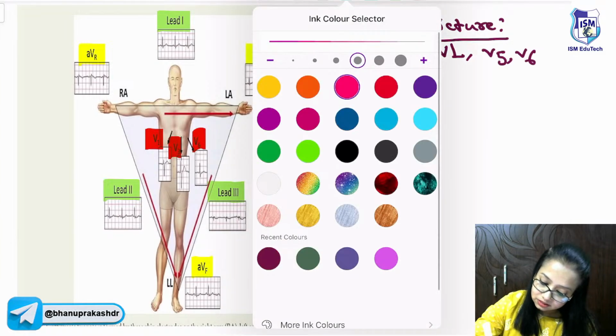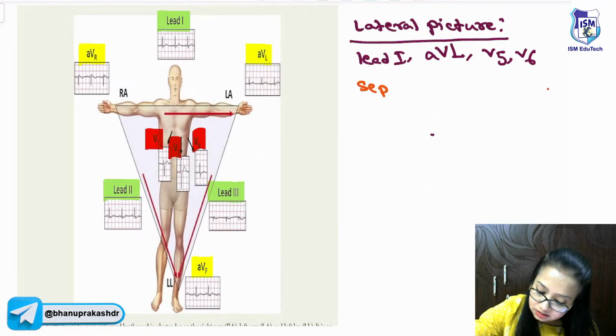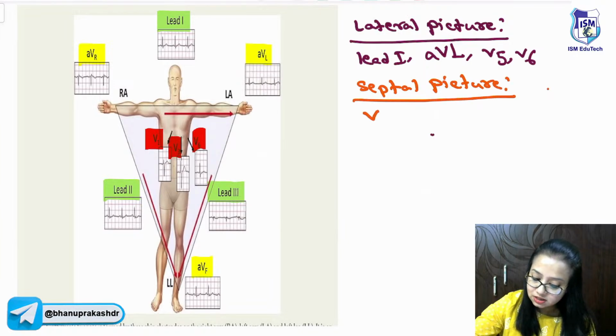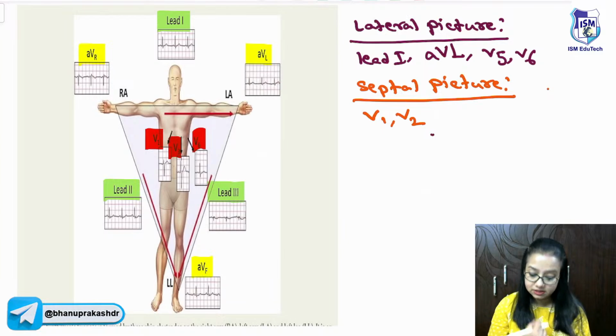Then the septal picture. The septal picture is best studied from the precordial leads V1 and V2.